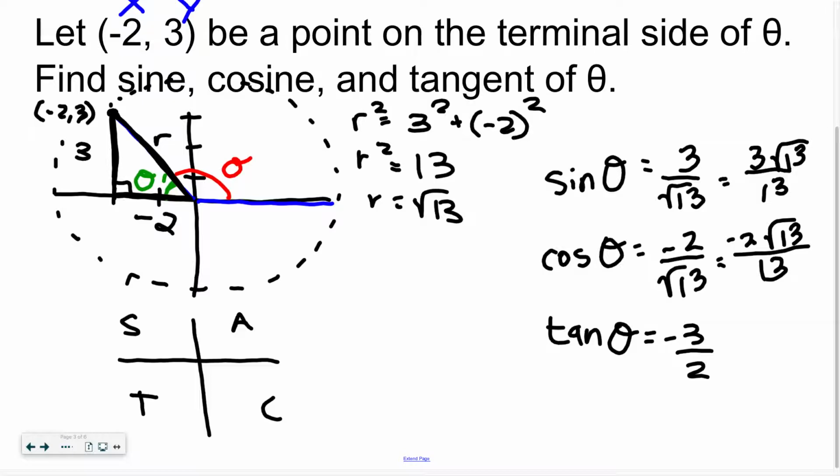Okay, let's look at it so that on the next slide we can make sense of this. When we did sine as opposite over hypotenuse, what was opposite, x or y? Y. And it doesn't matter which quadrant you're in. The x is always going to be adjacent, and the y is always going to be the side that drops down or goes up.